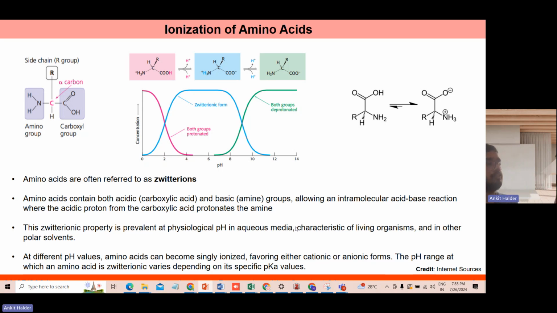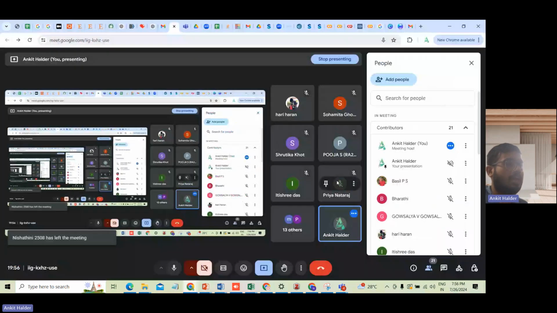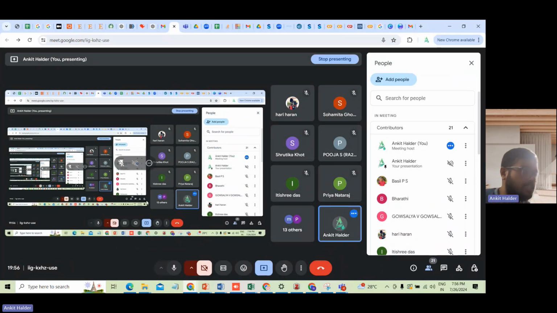Different pH levels act differently, and the pH range at which an amino acid is Zwitter ionic depends on its specific pK values. So now you have understood that it depends on the pH, forms different acidic and basic states, and keeps interchanging.